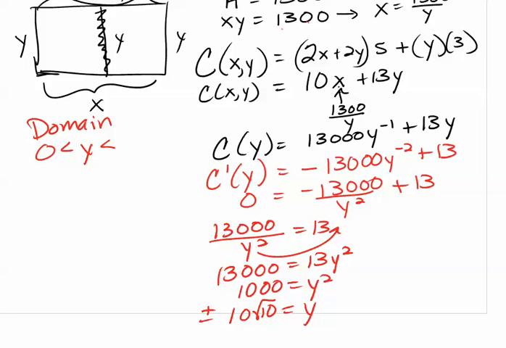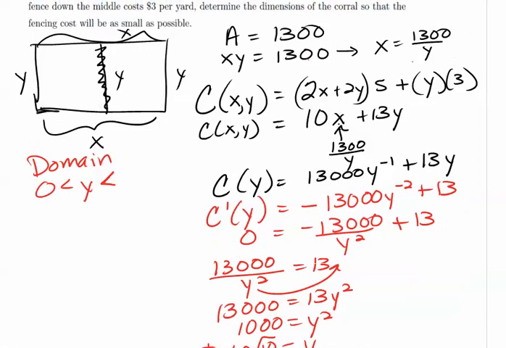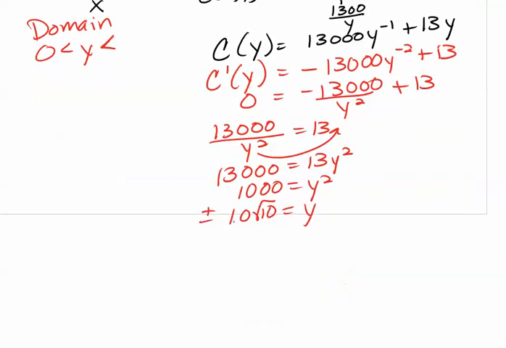So we know that it is going to have an upper bound. So you could think of your value here for your y coordinate. And we're only going to use here the positive as our critical number. Use the critical number of 10 radical 10 for y.